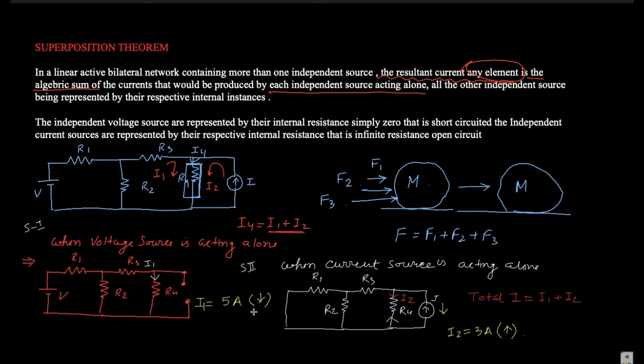So in the same resistance, R4, I1 is flowing from upper to lower and I2 is flowing from lower to upper, so they are of opposite polarity. So you can say that I is equal to I1 minus I2, that is, you have to consider the polarity.